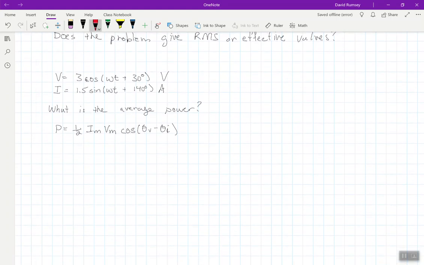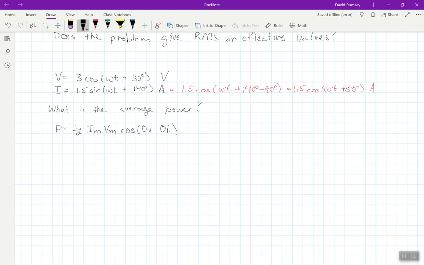Well, I have a cosine function for the first one, but for the second one I don't, but that's not a big deal because we remember that we can rewrite the sine function as a cosine function, but with a phase shift. And so we get that this current is actually equal to 1.5 cosine of omega t plus 50 degrees amps.